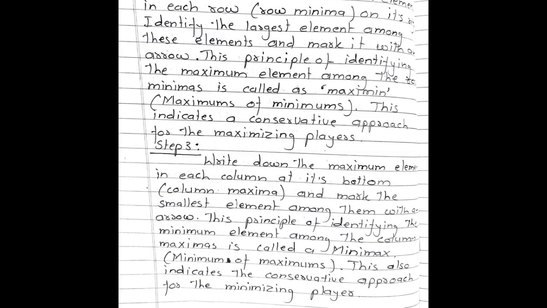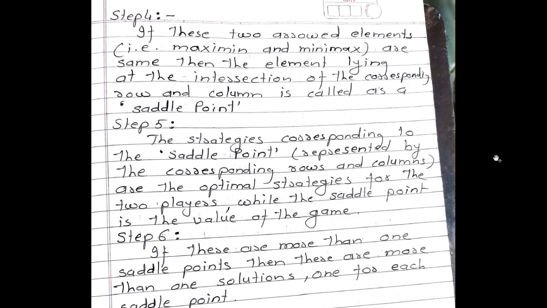This also indicates the conservative approach for the minimizing player. Step 4. If these two arrowed elements, that is maximin and minimax, are the same, then the element lying at the intersection of the corresponding row and column is called a saddle point.